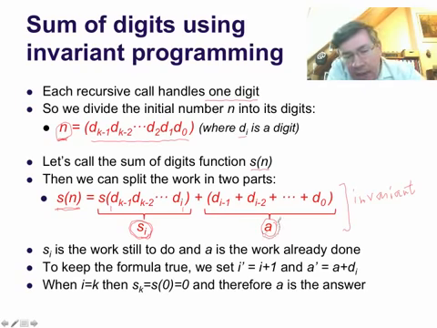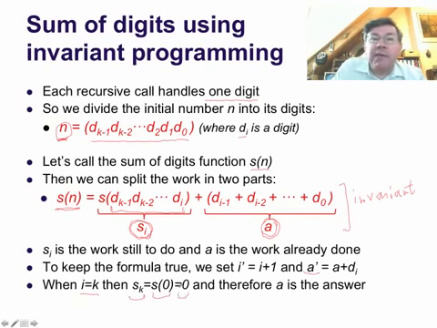And then the a prime is a plus d_i, the number increases. And when i is equal to k, then this number is an empty number, which is 0. So s_k is equal to s of 0, which is 0, and then a is the answer.